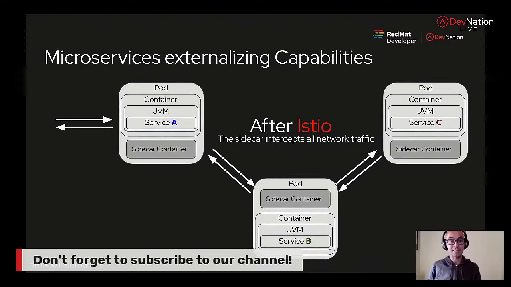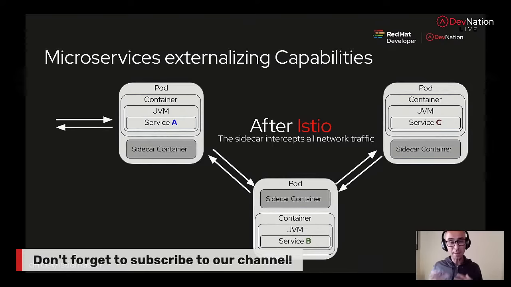For example, when we start using Istio, we've got a pod with two containers: a container with service A, the business logic, but the important thing is that now service A has no microservices concerns implemented. All these are inside this sidecar container. So the pod contains two containers, my business logic and my microservices concerns.